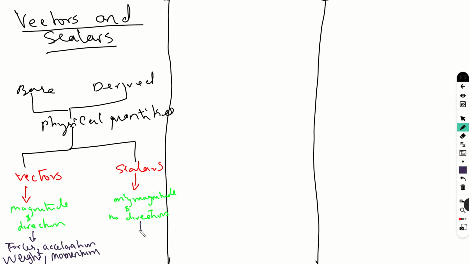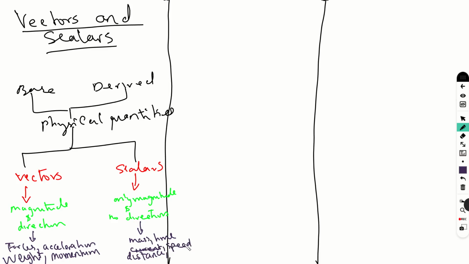And then examples of scalars: we have mass, time, distance or length, speed, and there are lots more.